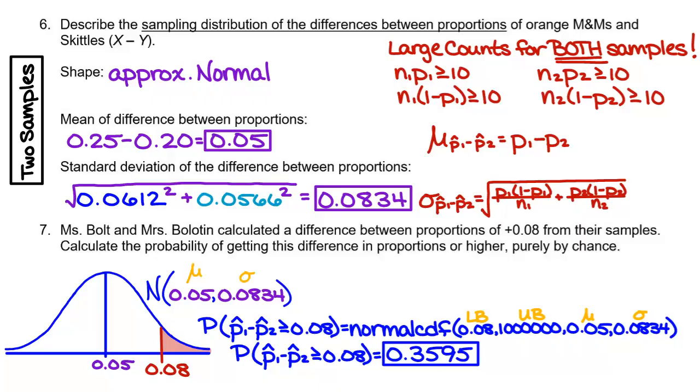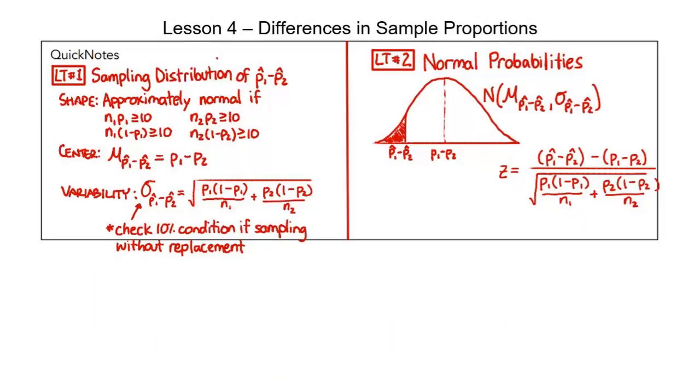Let's go ahead and take this over to page 15. Some big ideas. A sampling distribution of a difference, sampling distribution of p hat 1 minus p hat 2. The shape will be approximately normal if and only if we pass large counts for both of our samples.